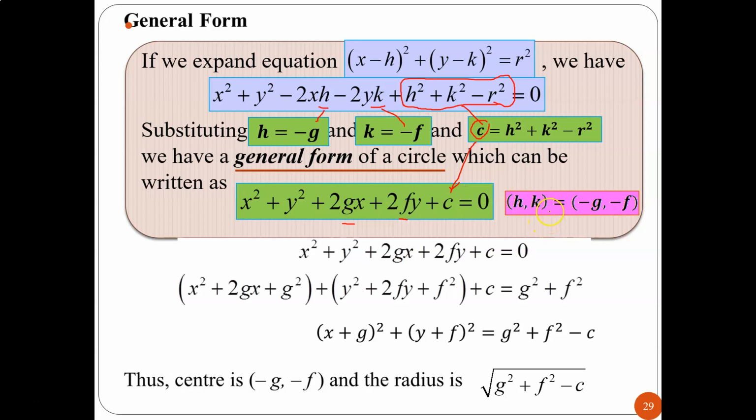So hk, we can write it down as negative g, negative f. This is a new form of h and k in terms of general form. Okay, so you have this. Okay, again, you're going to factorize it, or you're going to substitute it with all this thing. So you get the center is negative g, negative f. This is the center, right? The center.